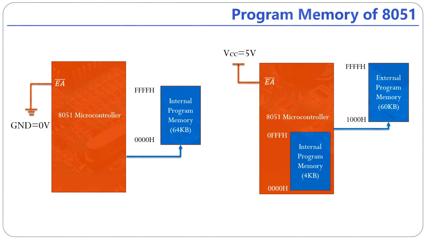The 8051 has 4 KB of internal ROM, which occupies addresses from 0000H to 0FFFH.